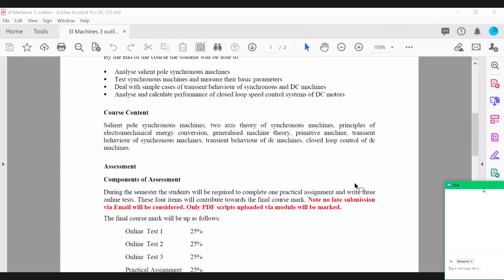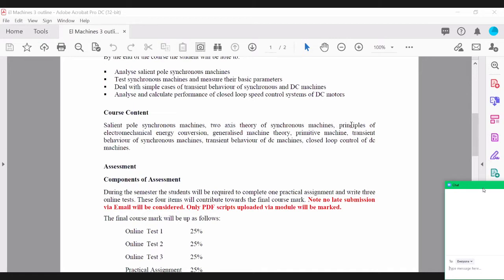Right. So in terms of content, as I said, in the first part of the course we will focus on the salient pole synchronous machine, and we'll look at the two-axis theory of synchronous machines, which we haven't touched at all in Machines 2.